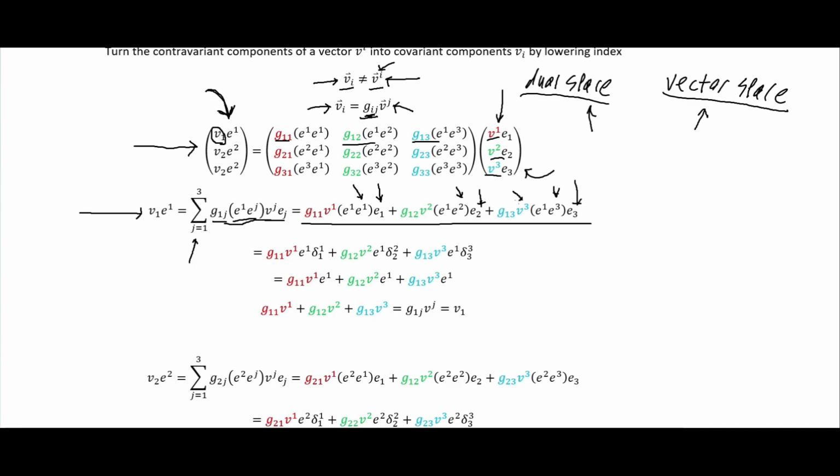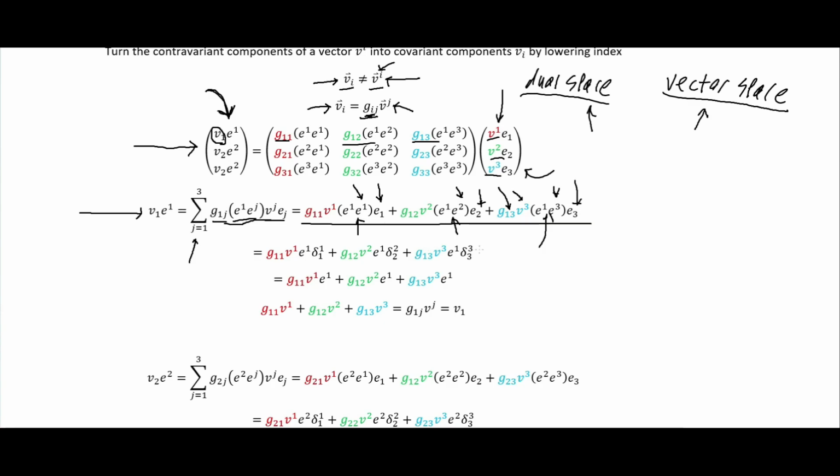on our component here as well, and this G13 here is actually part of the component. That G13 would just be a number. That's the component of the metric tensor, where this E1, E3, or the E1, E2, or the E1, E1, those are the bases from our metric tensor.